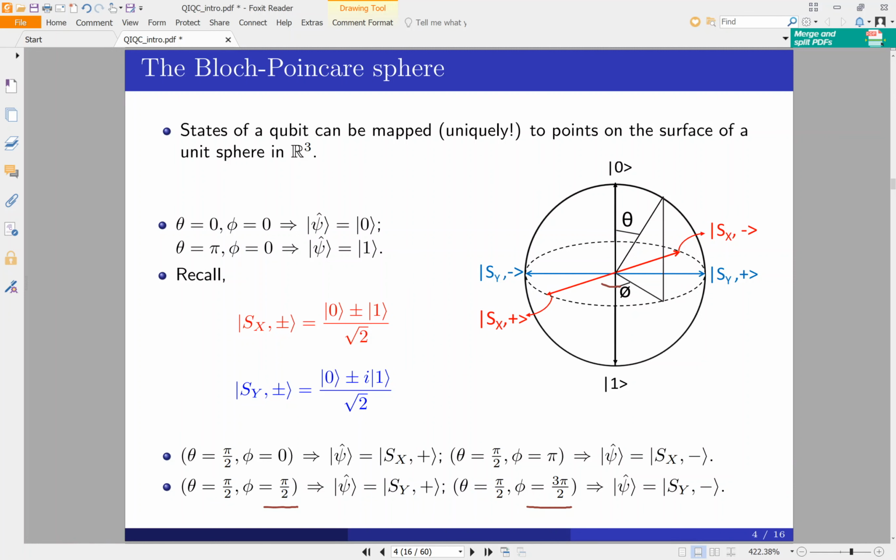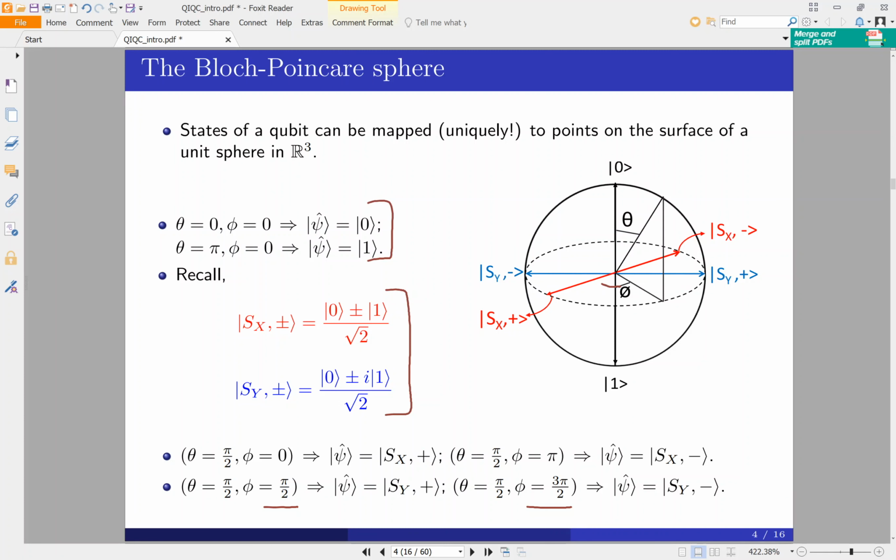I hope you check this out for yourself, and it's a useful exercise to see how you can use this theta phi parameterization to actually identify these three sets of eigenstates on the surface of the Bloch sphere.